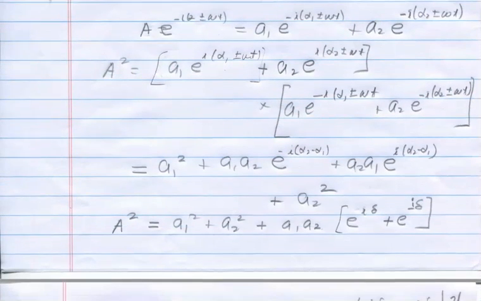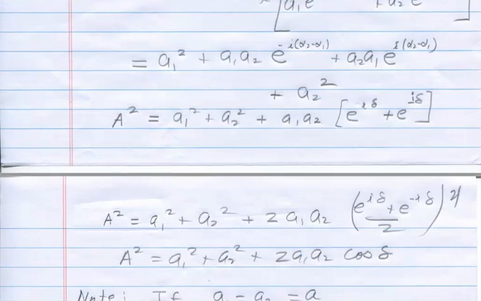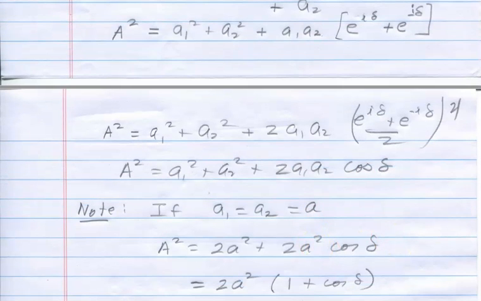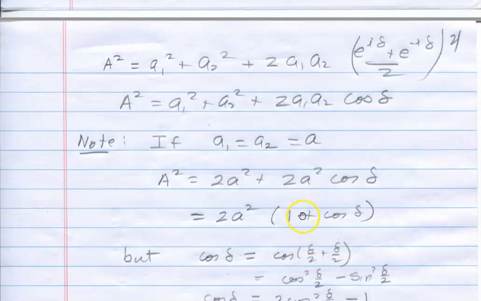So if we look at that special case, then if you plug all of this in up here, if A1 equals A2 equals A, I'll get 2A squared when I combine these two. I'll get 2A squared here in cosine delta. And so in this commonly occurring situation, we can factor out the 2A squared, and I'll get 1 plus cosine delta here.